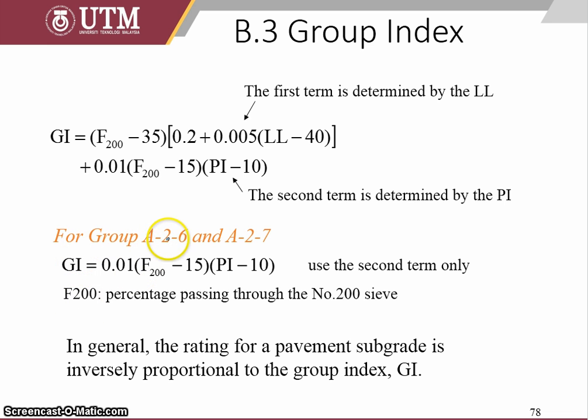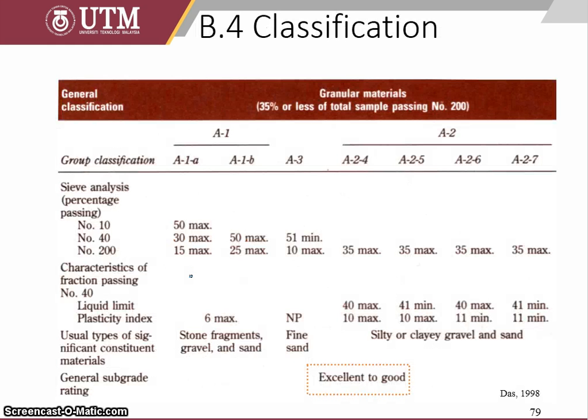For the special case of A26 and A27, the GI only uses the second term of the equation. And usually the GI is a rounded value, not in decimal form.